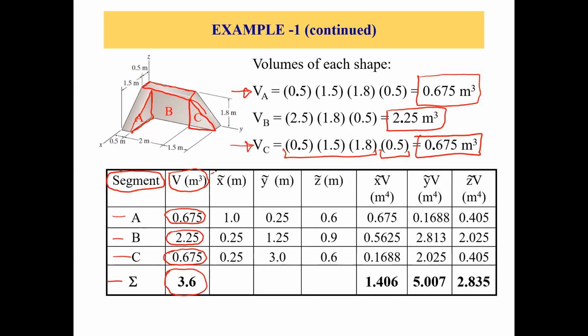Now, next thing is to find out the X, Y, and Z coordinates of the center of volume of each part. Just remember that we are going to take every dimension from the origin, right? The origin is where the X, Y, and Z axes meet.